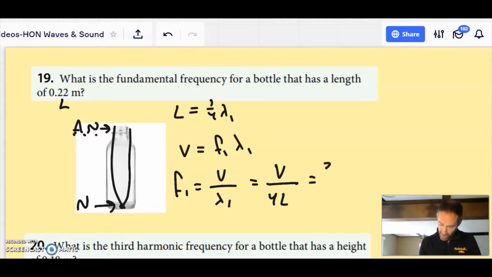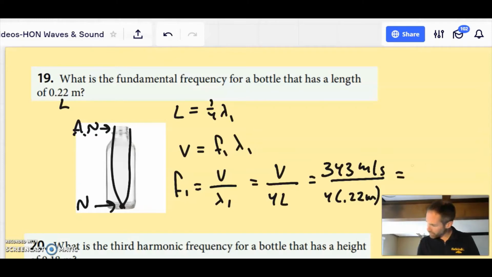So now I'll just wrap it up with 343 meters per second divided by 4 times 0.22 meters, that is 0.88 meters, and you're going to end up with 389.77. Using significant figures, we'll round that to 390 hertz.